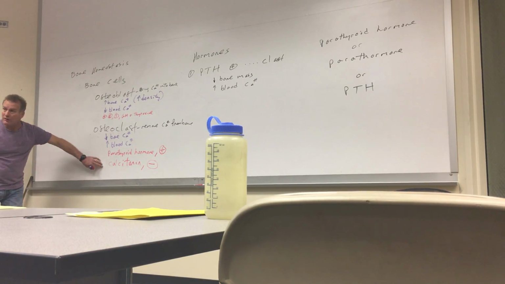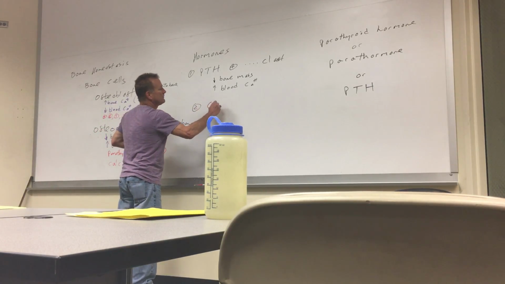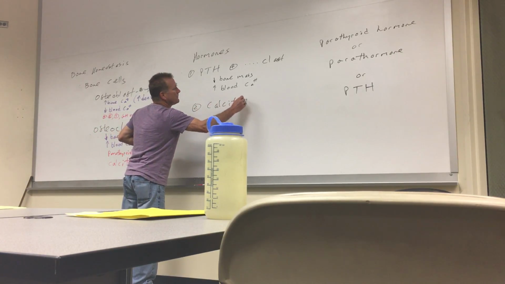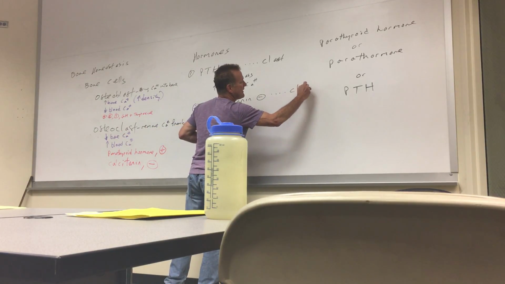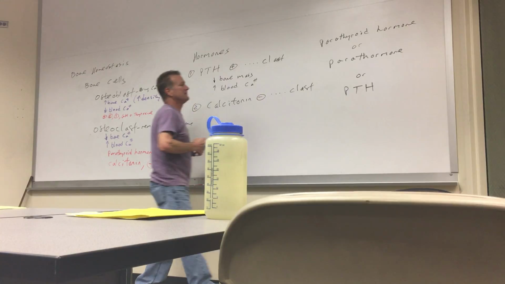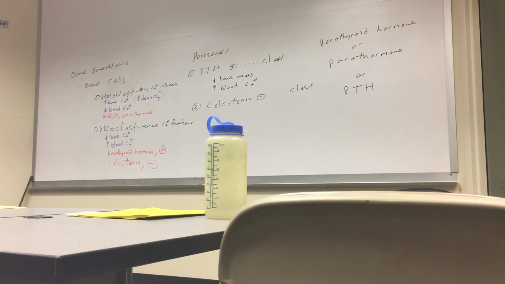Now, calcitonin, the other hormone here, inhibits the osteoclast. I'm going to try to trick you, okay? I'm being upfront with you. I'm going to try to trick you right now, right this second.